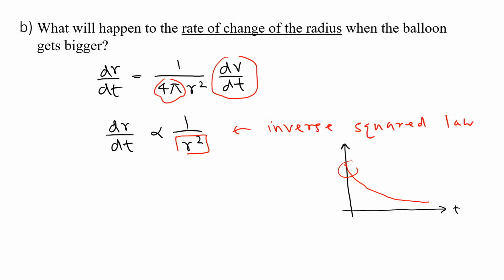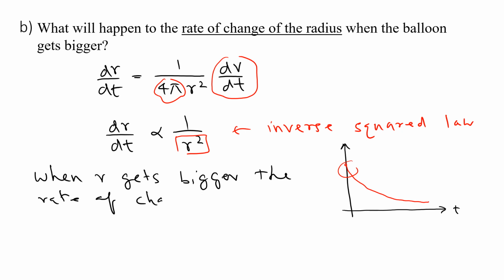Okay, and then we can write this in words. When r gets bigger, the rate of change of the radius, dr over dt, gets small.